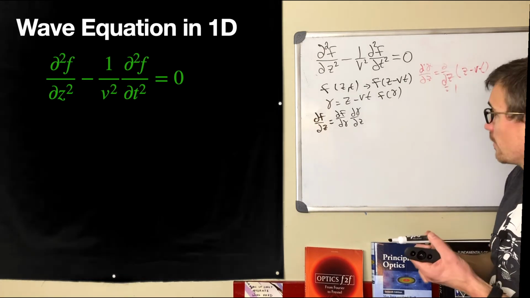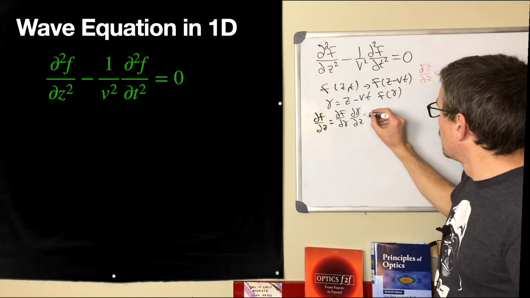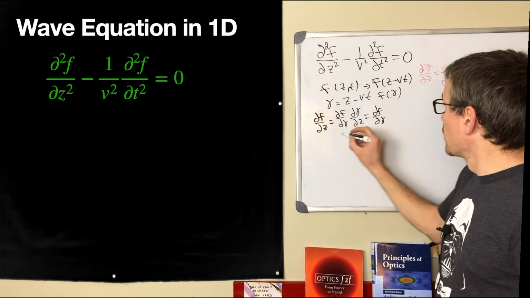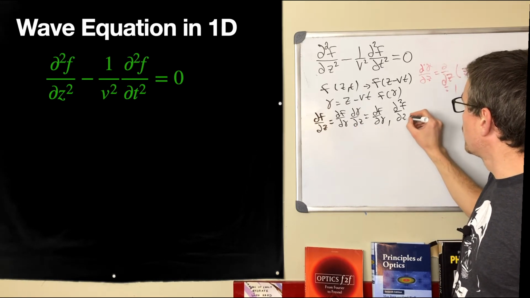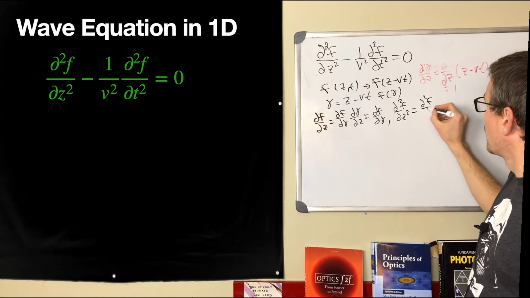Very easy derivative. So this is just equal to df by d gamma. Similarly, if I do that again, d2f by dz2 is equal to d2f by d gamma squared.